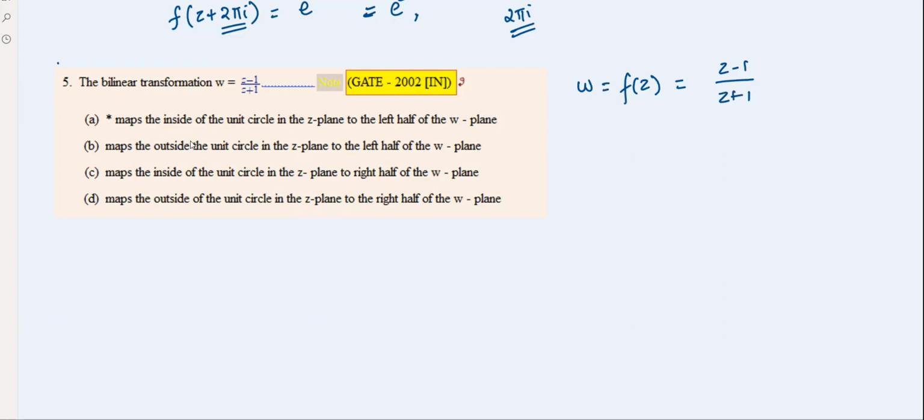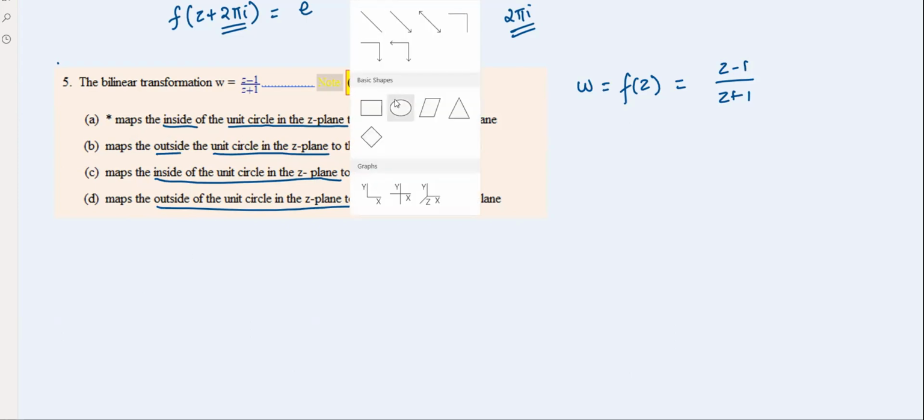Now, what are the domain points on the z plane? Inside the unit circle, outside the unit circle. Okay. So on the z plane, there is the unit circle.